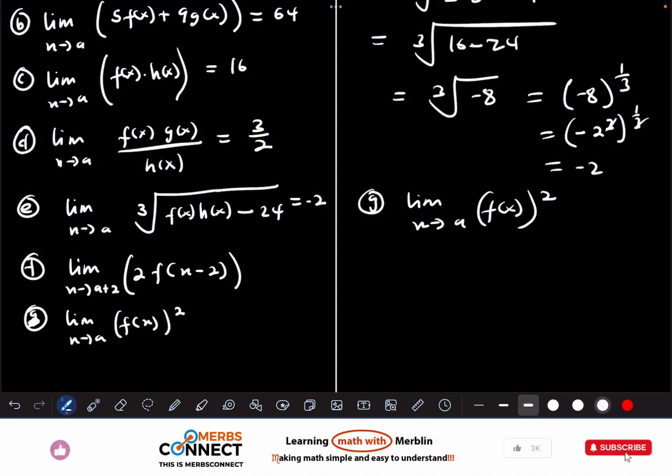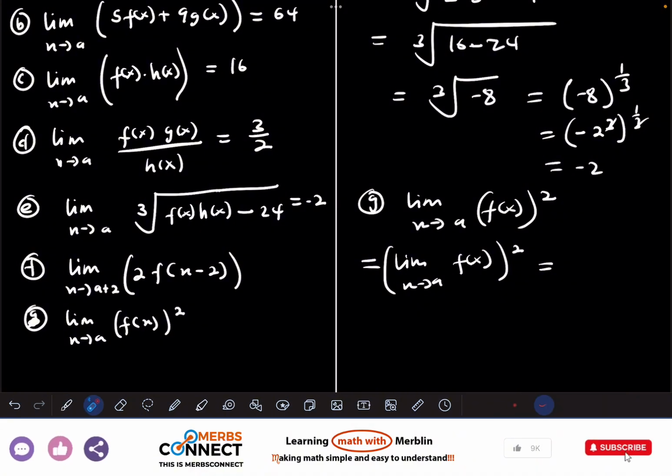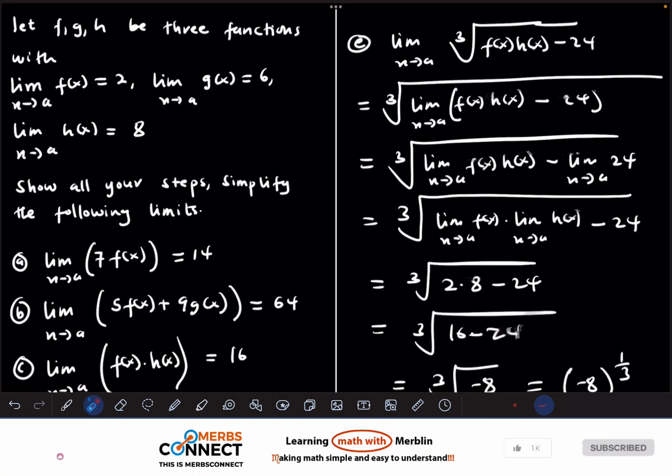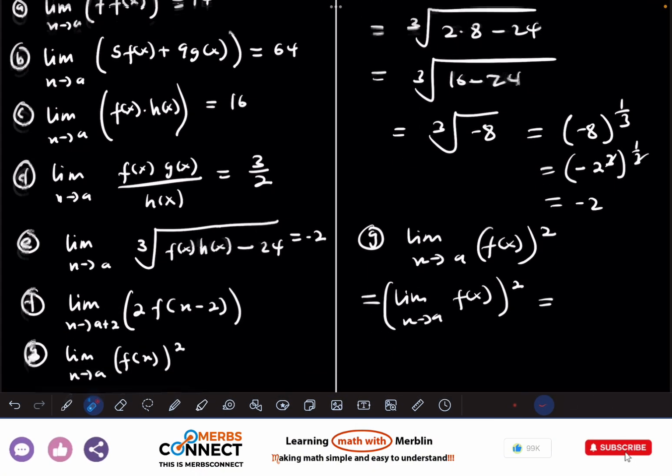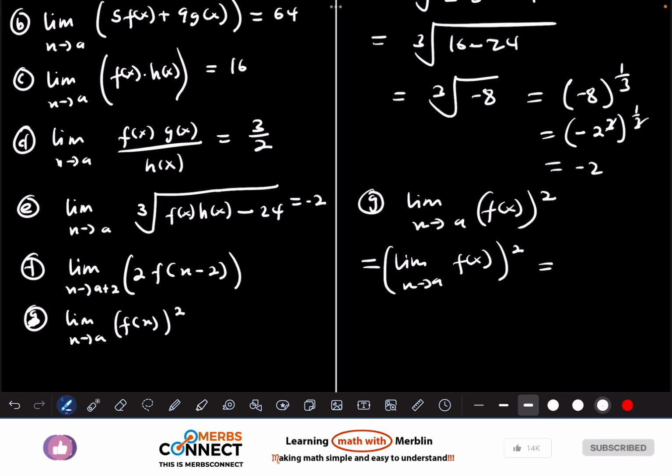So using the property that you are typing in the comment section, we are going to have limit as x approaching a of f of x all squared, and the one in the bracket here from the question is 2, right? So we are going to have 2 squared, which is equal to 4, right?